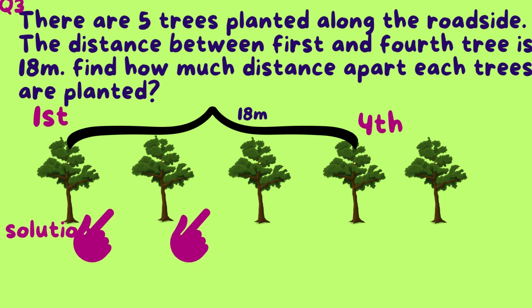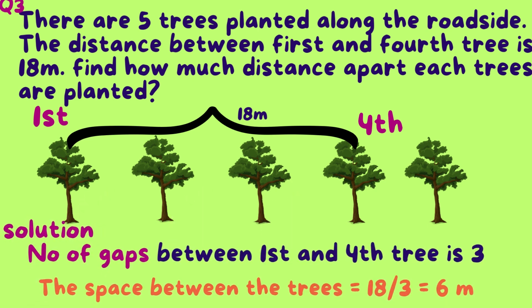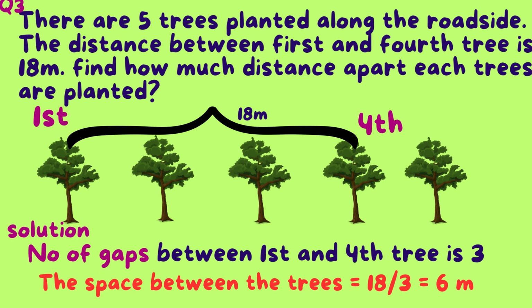Now listen, number of gaps between the first and the fourth tree is 3. Therefore, the space between the tree will be calculated as 18 by 3, which gives us 6 meters. 18 is the total distance between first and the fourth tree. Therefore, the solution is finding the space between the trees, which is 6 meters.